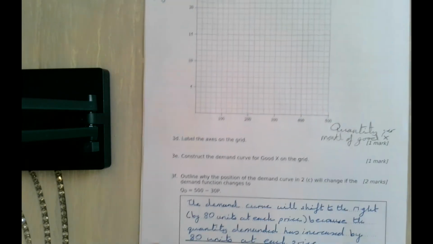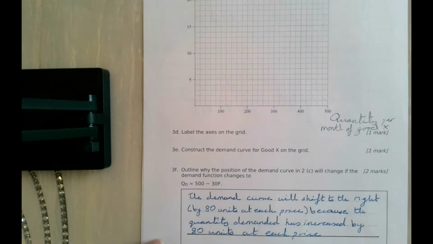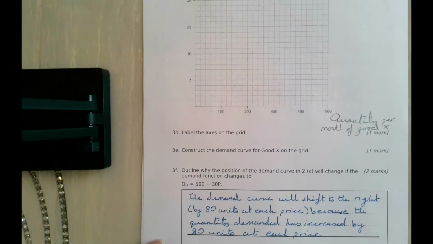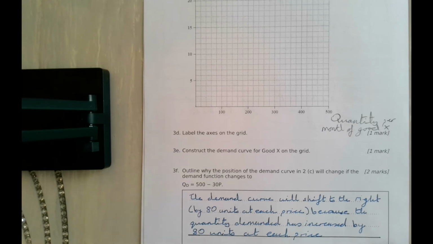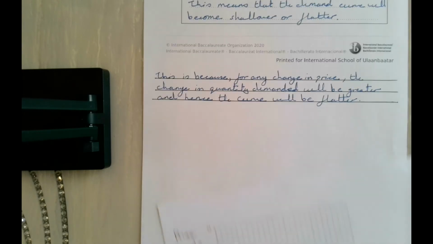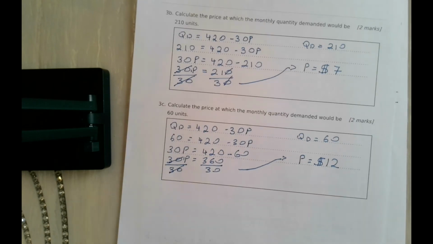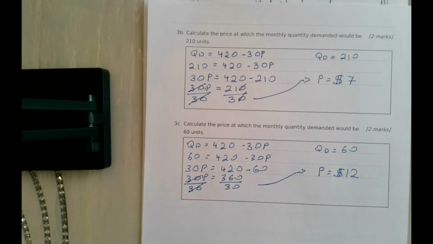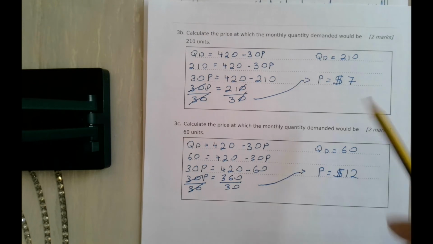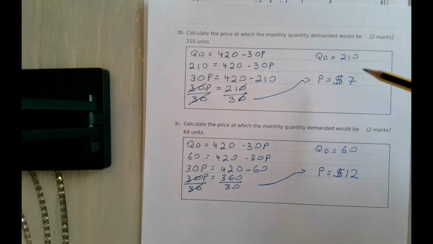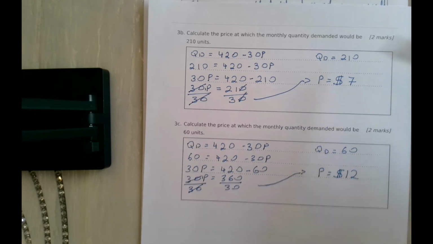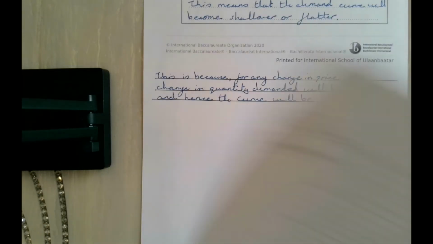Now it says here, construct the demand curve for good X on the grid. The funny thing is that we've actually got 2 points, a collection of price and quantity, and another collection of price and quantity. So we know that at a price of 7, quantity demanded is 210.